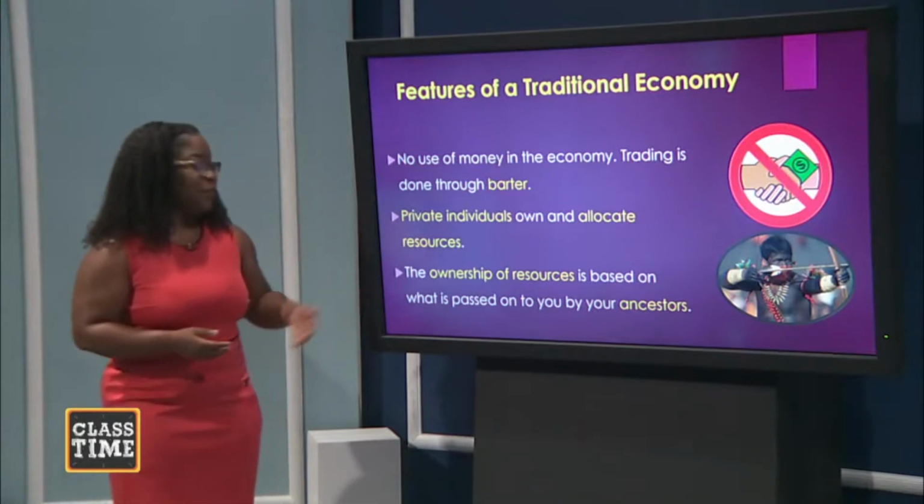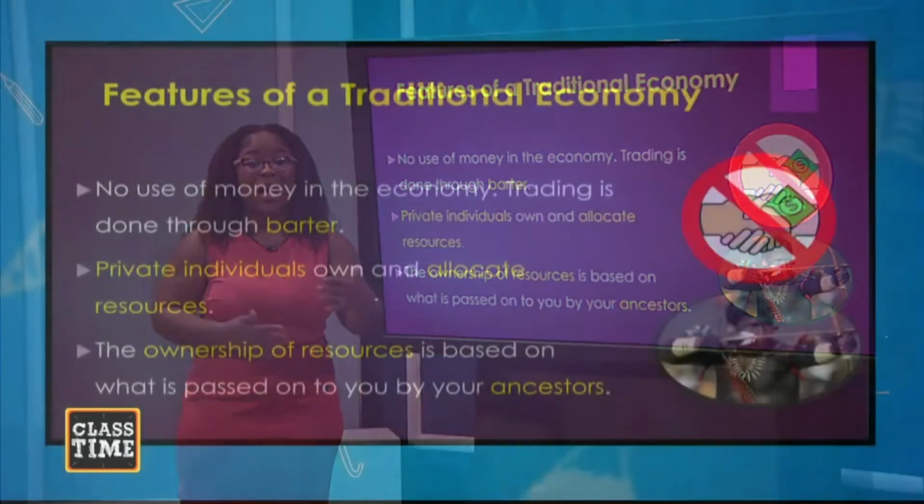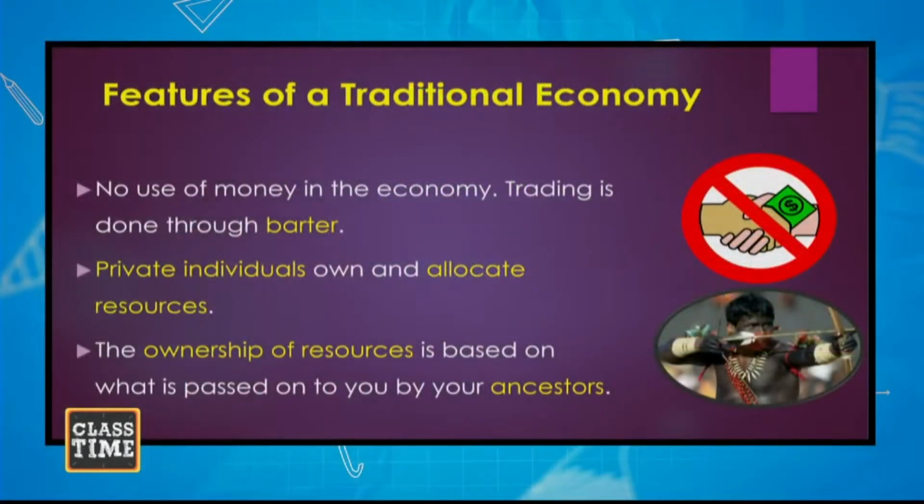Another key feature is that the ownership of these resources is based on what has been passed down through ancestry. So the basic resources owned by individuals in this economy can be a plot of land, or the instruments that they use to carry out their work. All of these are passed down. The skills that they have within this type of economy are also passed down or taught from generation to generation.